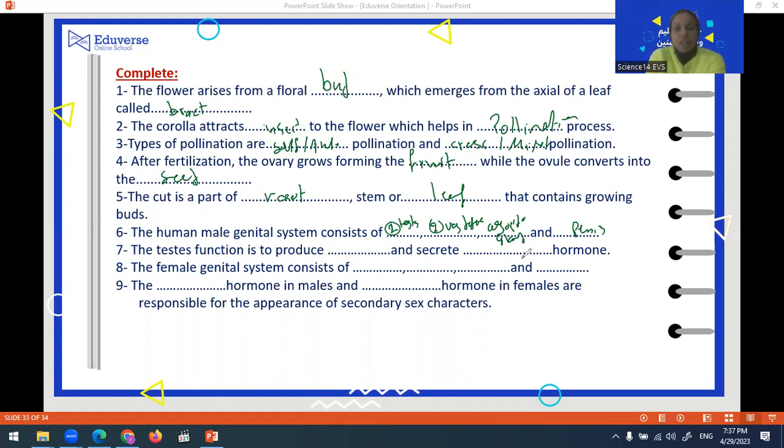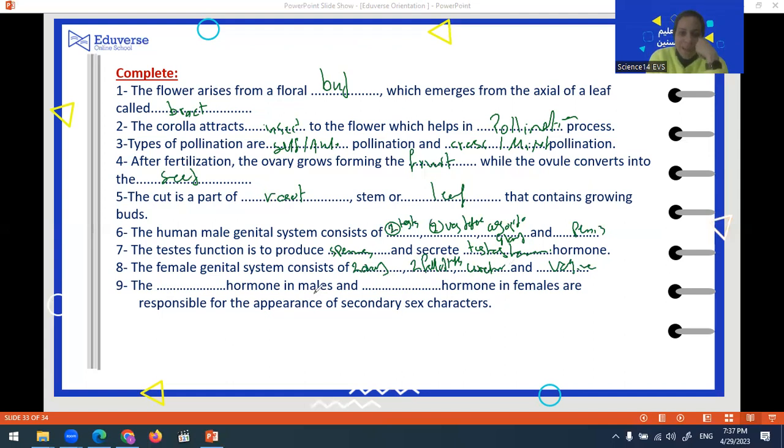To produce the sperms and secrete the testosterone hormone. The female genital system consists of 4 also main parts, which are the 2 ovaries, the 2 fallopian tubes, and then the uterus and then the vagina. These are the 4 main parts.